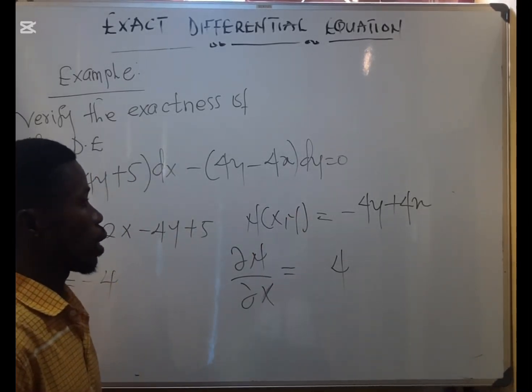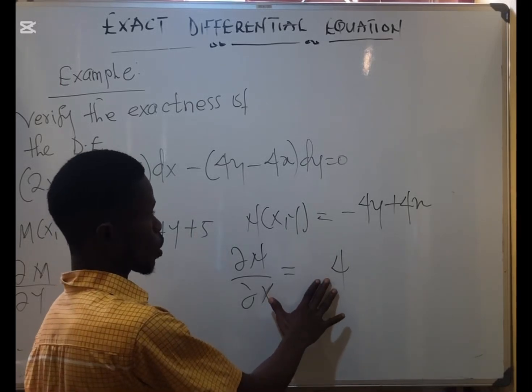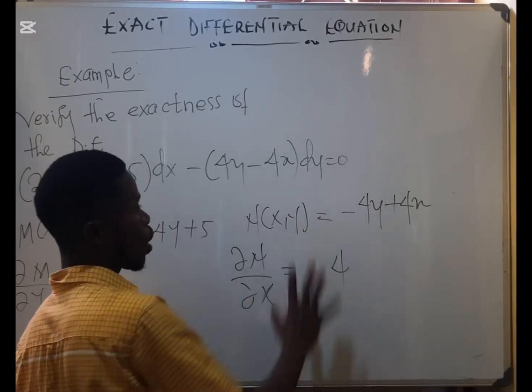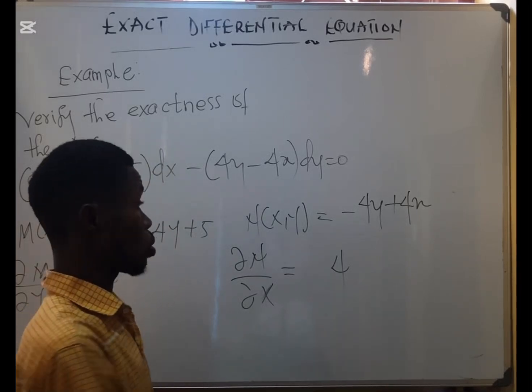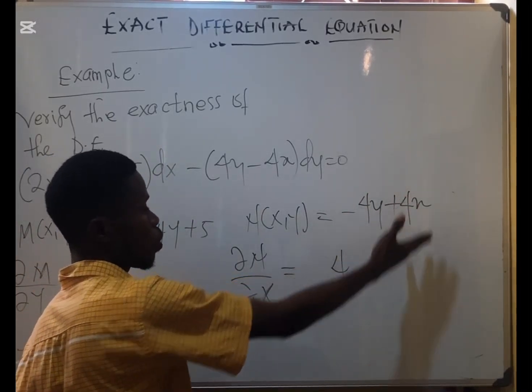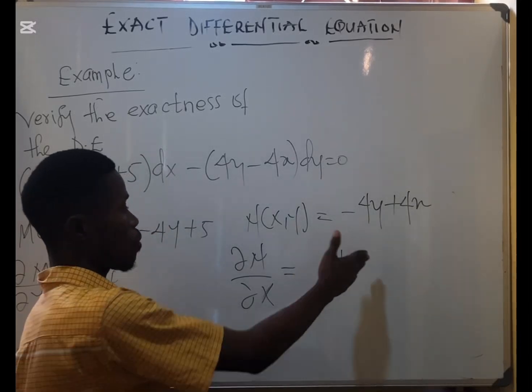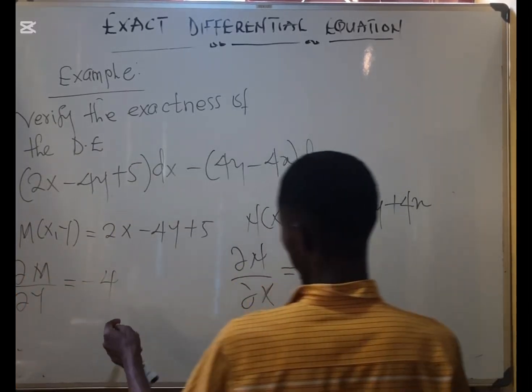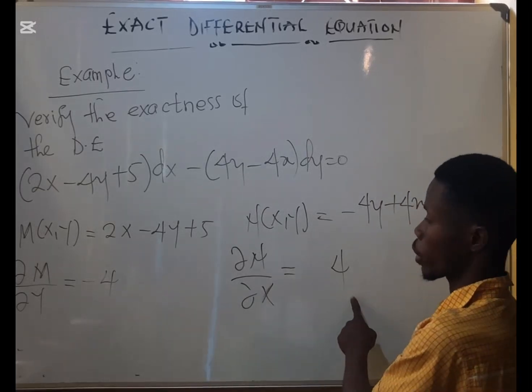Positive 4. Why are you saying that it will give us positive 4? Because here with respect to x, anything that contains y becomes constant. So this side becomes constant, leaving only the 4x. If I differentiate 4x with respect to x, I have what? Only 4. Now let's compare the two. The first one I have negative 4, the second one I have positive 4.